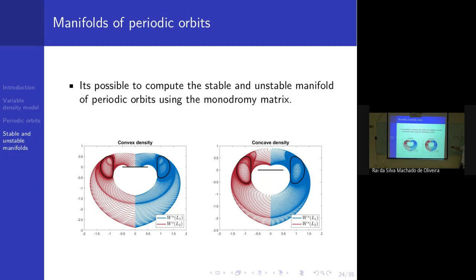Right here we see some examples for the convex density model. The red trajectories are all the trajectories that start orbiting very similar to this periodic orbit, but then go away. And the same with the stable manifold here.